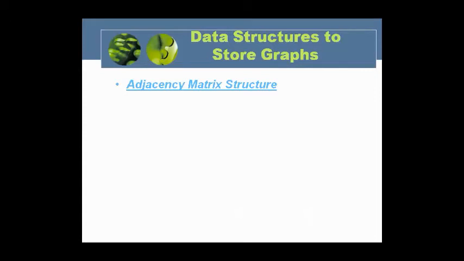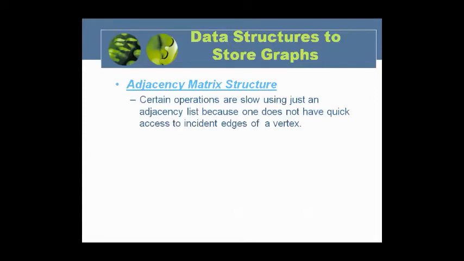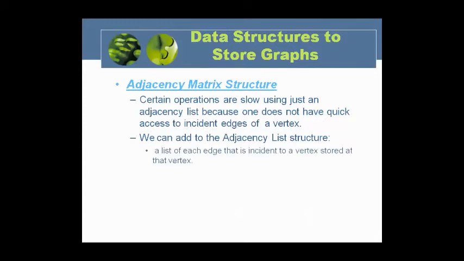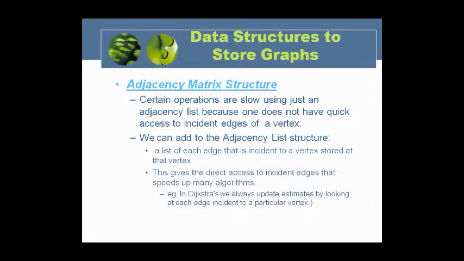So we have here the adjacency list structure. Certain operations are slow using just an edge list because one does not have quick access to incident edges. We can add to the adjacency list structure a list of each edge that is incident to a vertex, stored at that vertex.